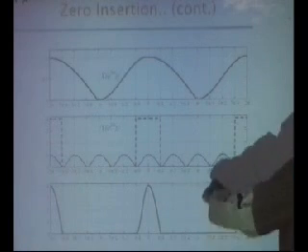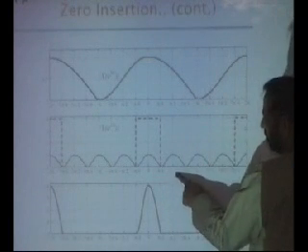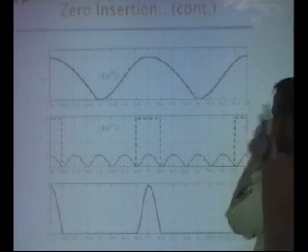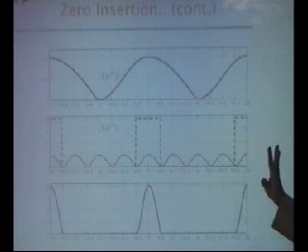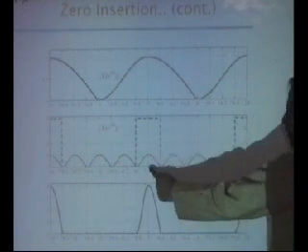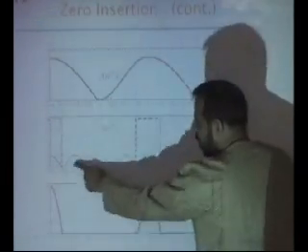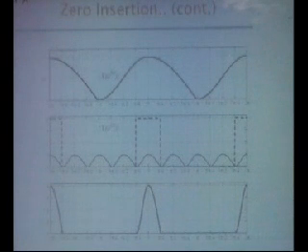So pi will go to pi by 4. But the problem is 2 pi will be at pi by 2, and 4 pi will be at pi. Similarly you will get extra copies, and you always get M minus 1 extra copies between 0 and 2 pi. Inserting 3 zeros means 3 extra copies of the spectrum. Inserting 5 zeros means 5 extra copies.